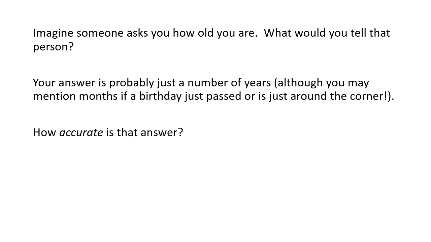You get to a certain age, you're more inclined to give the smaller number anyway. But unless you just had a birthday or you have a birthday coming up in the next few days or weeks or in the next month or something, you're probably not going to mention that. You just drop it down to the last birthday that you've passed. So in this section, we're just going to talk about how things are inaccurate, how we use inaccurate things, and then what that does to the work that we do.